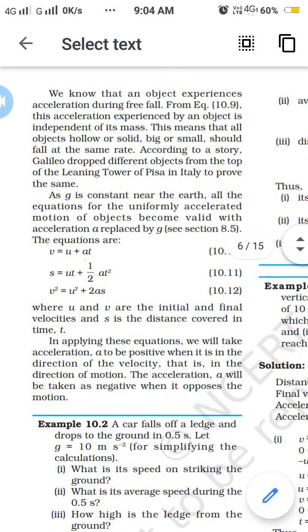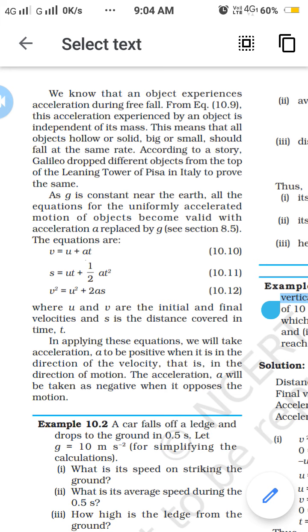So an object experiences acceleration during free fall, given by the equation small g equals capital G capital M upon r square. The acceleration experienced by the object is independent of the small m. It does not depend on the mass.